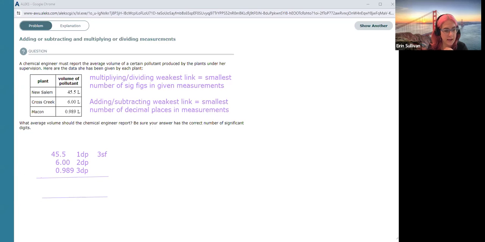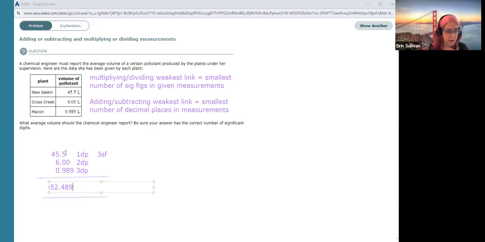So if I add these all together, 45.5 plus 6 plus 0.989, I get 52.489. We're going to worry about rounding in a minute. In terms of sig figs, if I rounded to the smallest number of sig figs, which is 3 sig figs, I'll get 52.5.